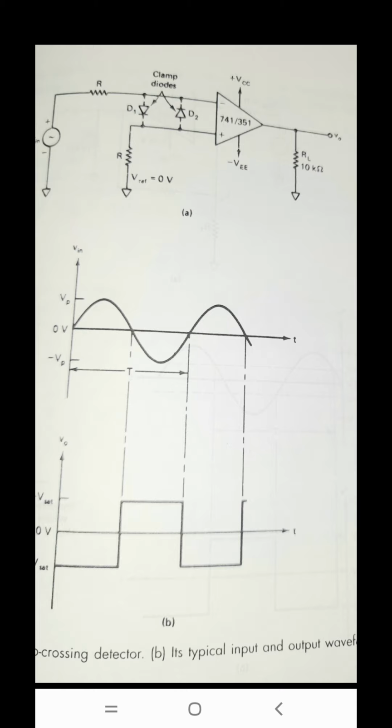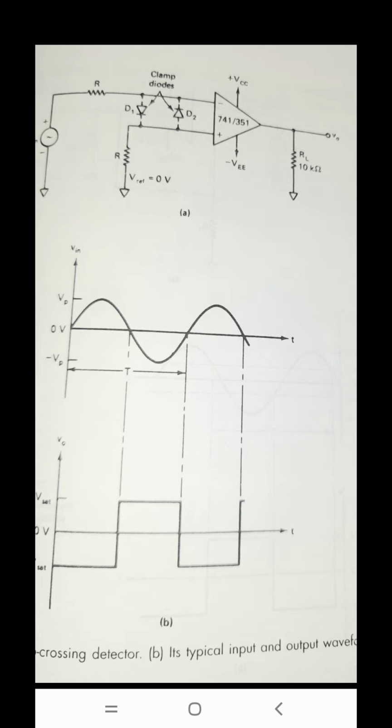In some applications, the input Vin may be a slowly changing waveform, that is a low frequency signal. Therefore, it will take Vin more time to cross 0 volt, so V0 may not switch quickly from one saturation voltage to the other.